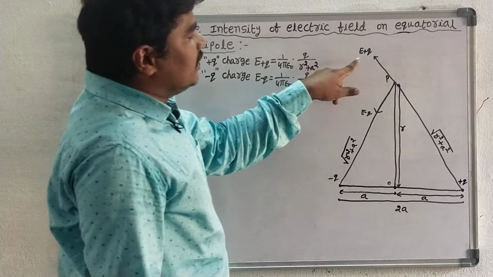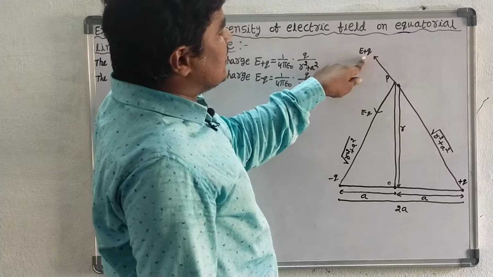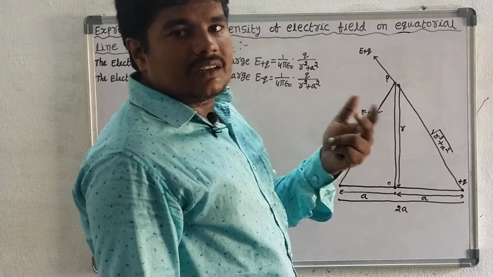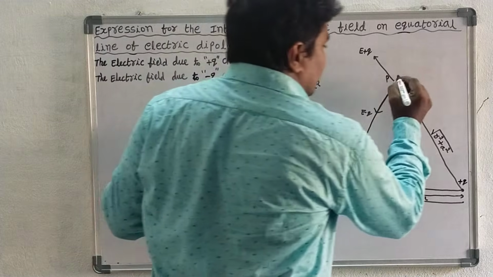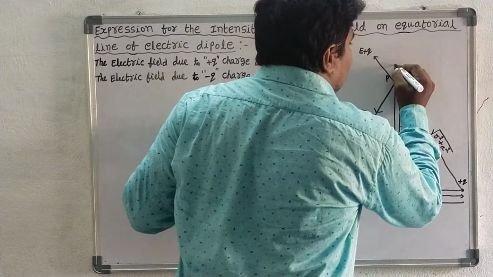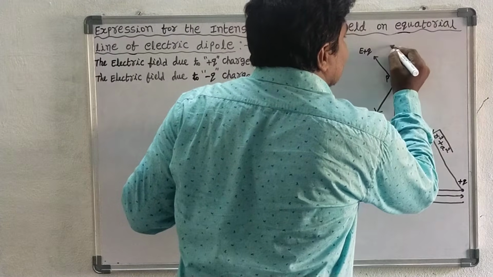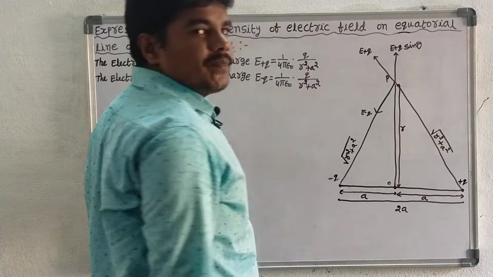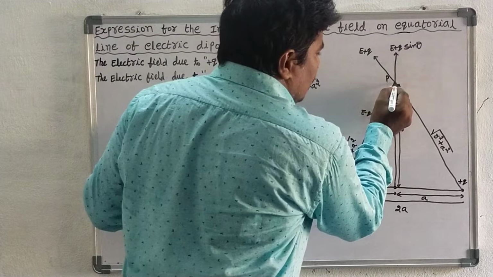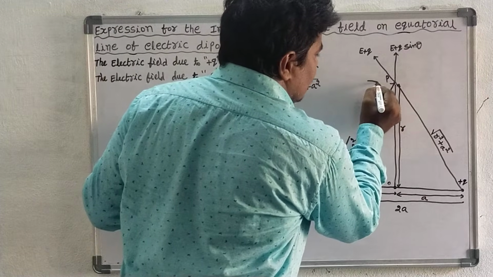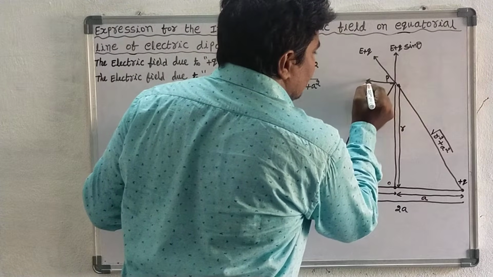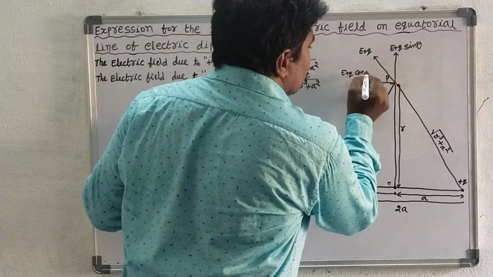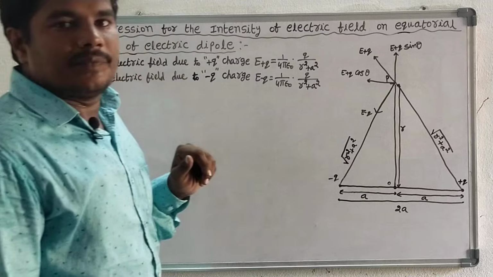For our convenience, we resolve this E plus Q into two components. We get a vertical component and a horizontal component. The vertical component is E plus Q sin theta. The horizontal component is E plus Q cos theta.